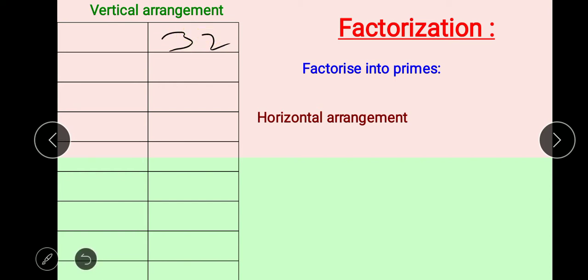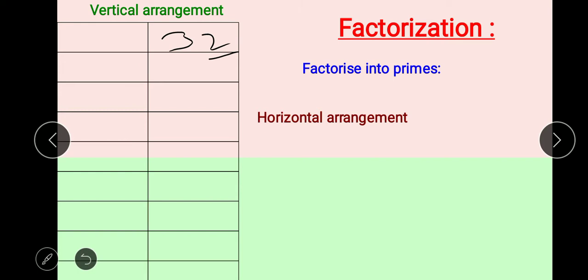32 is written. Now we'll check whether 32 is divisible by 1. See, 1 is a divisor of every number, so we'll not take 1. We'll see the smallest, 2. We'll check whether 32 is divisible by 2 or not. Now students, how to check whether the given number is divisible by 2 or not? You will see the last digit.